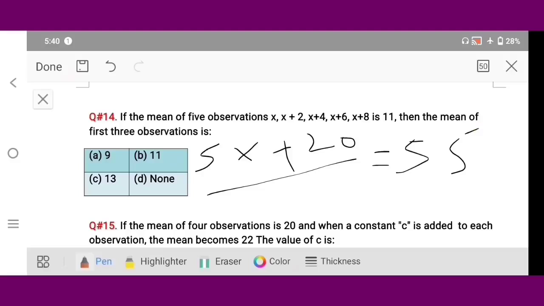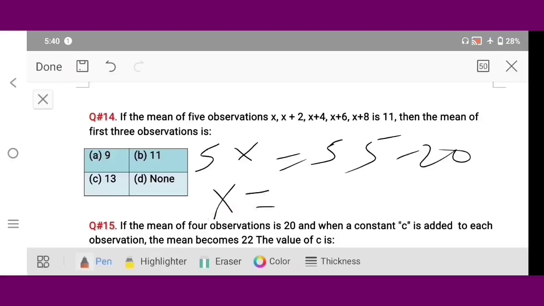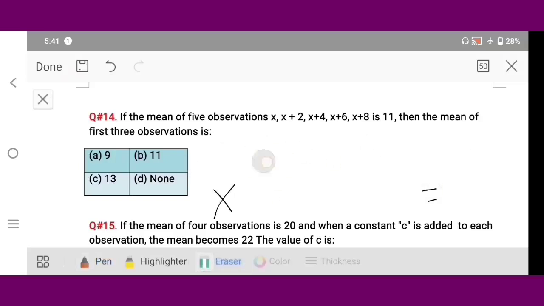So let's subtract 20 from the 55. So 5x equals 55 minus 20, which gives 35. So x equals 7.